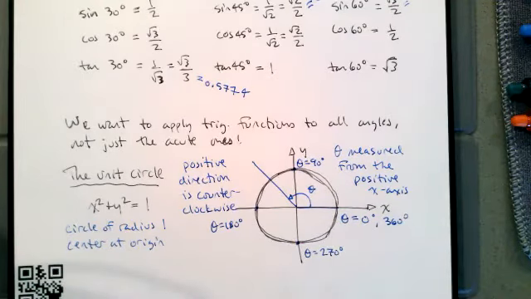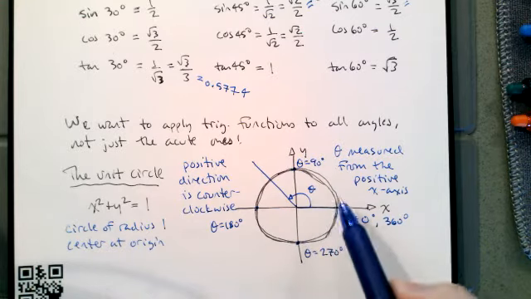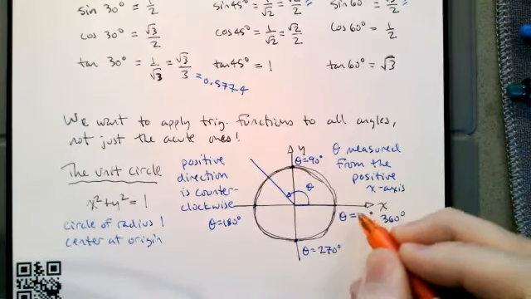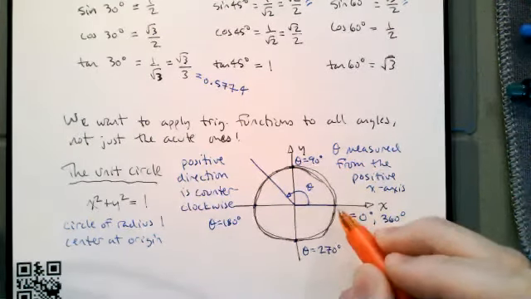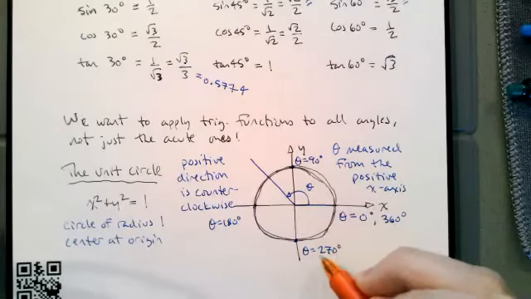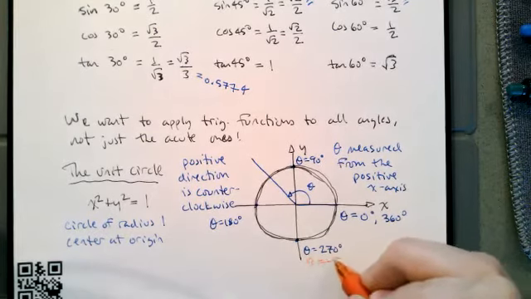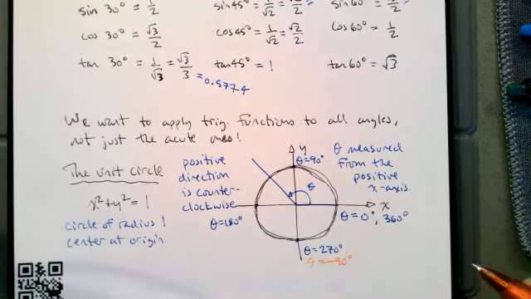So the positive direction is counterclockwise. That means that clockwise is the negative direction. So if I start here at 0, I can go backwards, which is clockwise, and this 270 degree angle is also a negative 90 degree angle.